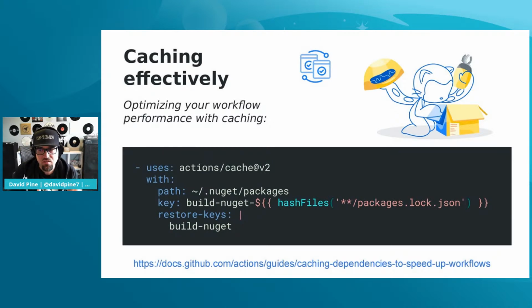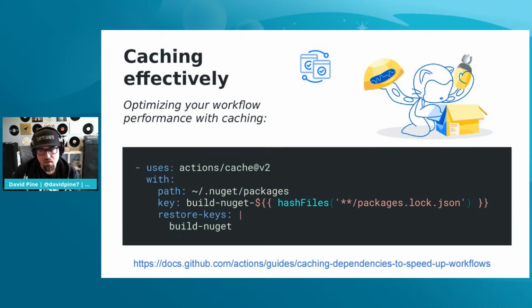In this case, the key is build NuGet with the hashed files. Hash files is actually a helper utility function that's allowed within expressions inside our workflows. So in addition to our YAML being very declarative, we also have a way to provide dynamic evaluation of things. That's where expressions come in.